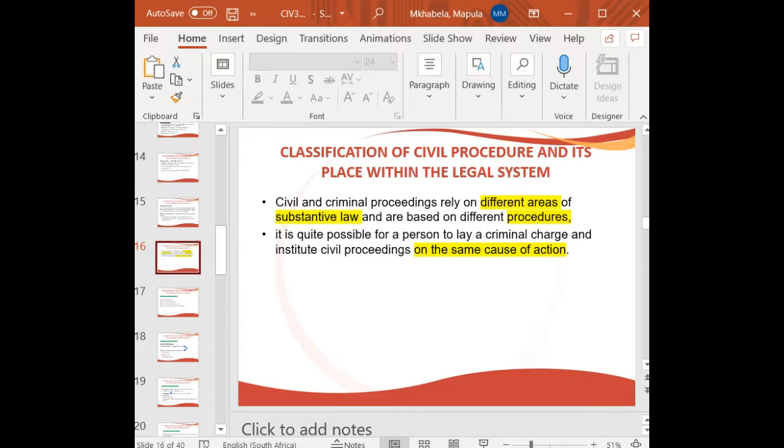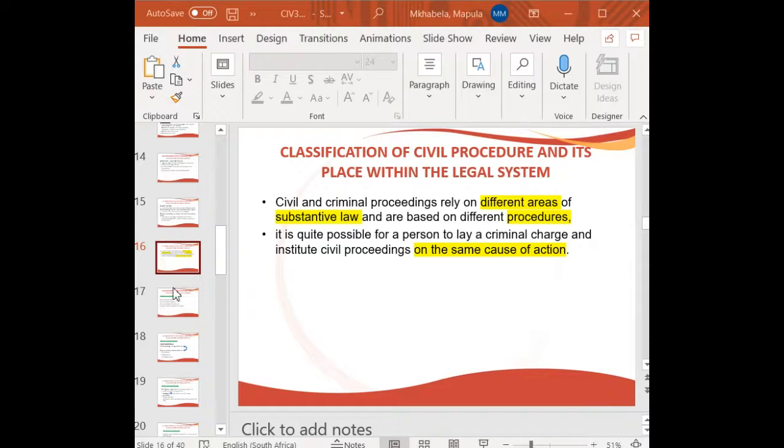Civil and criminal proceedings rely on different aspects of substantive law and are based on different procedures. It is possible for a person to lay a criminal charge and institute civil proceedings on the same cause of action.